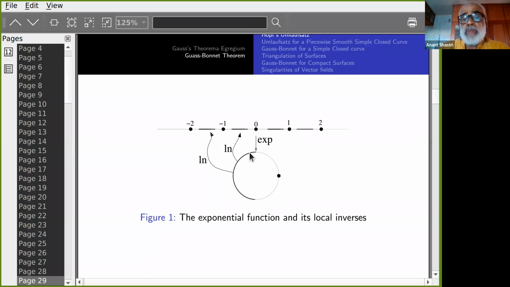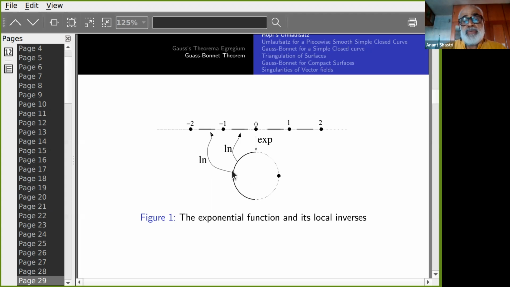What is its inverse image under the exponential function? It will be all these half intervals. Okay. Minus 1/4 to plus 1/4, shifted by integral units. Okay, this is from here to here, 1/4 to 3/4. So this is 1 plus 1/4 to 1 plus 3/4 and so on.